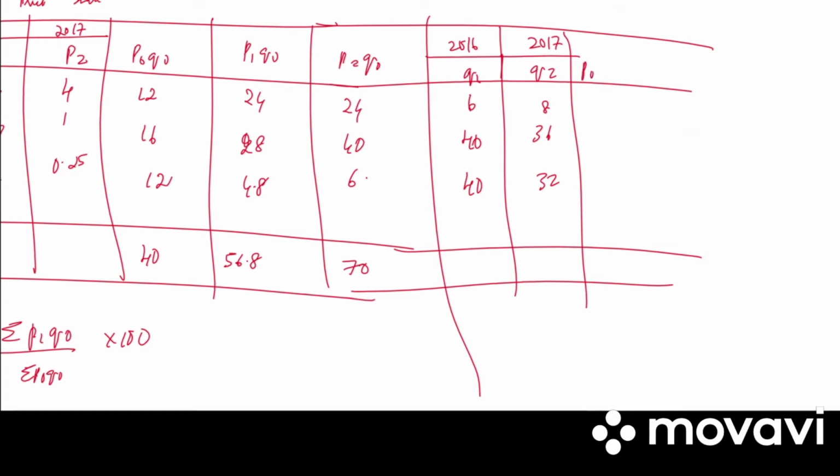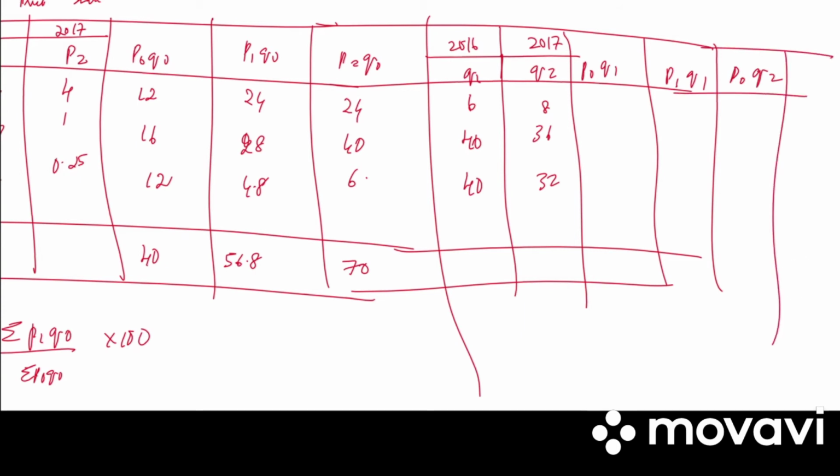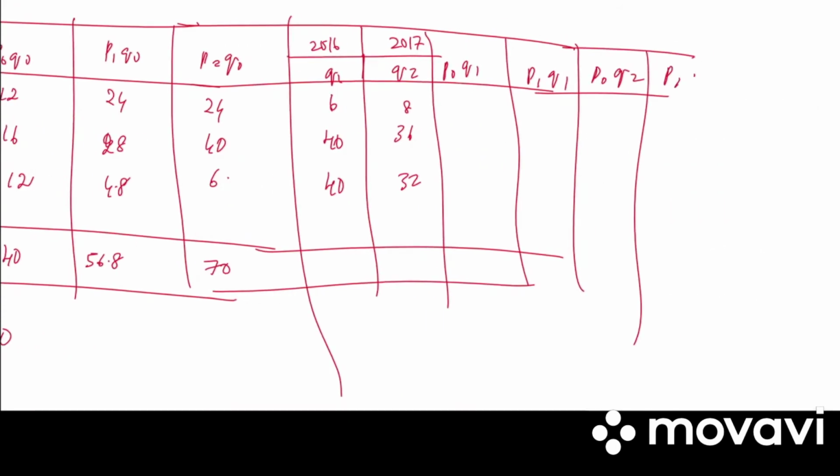Next we need to find P0 Q1, P1 Q1, P0 Q2 and P2 Q2. Or again you can just write summation P1 Q1 for 2016 and 2017 separately. Anything is okay if you get confused.